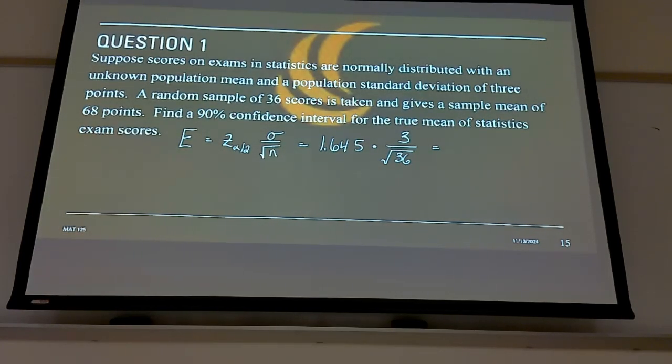So the 3 is the standard deviation of 3 points, the population standard deviation, which they somehow know. I got 0.8225 for the margin of error.